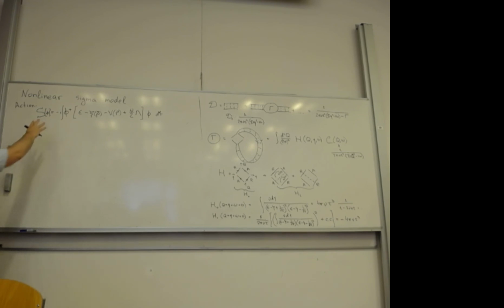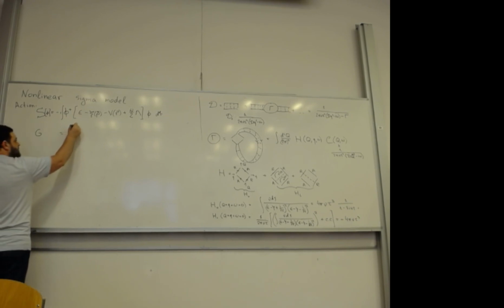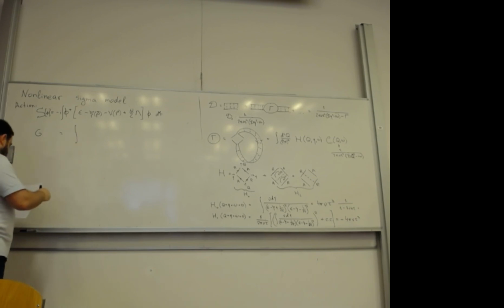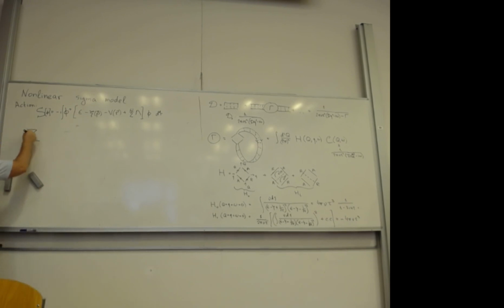With this action, we can actually define the Green function, G, of an argument I will specify later. First we define this object Z, which is called the partition function.